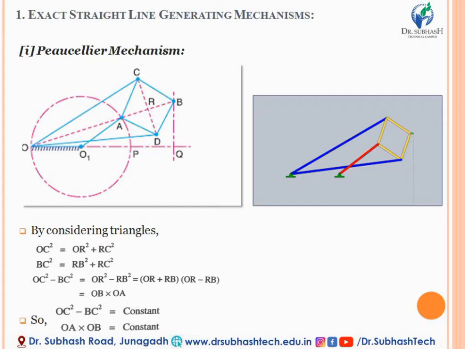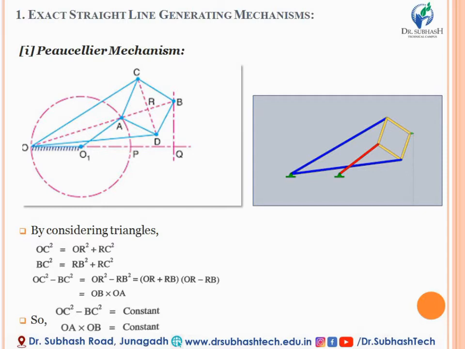The Peaucellier mechanism comes first in the exact straight line generating mechanisms category. You can see the configuration of the Peaucellier mechanism in the diagram. As you look at the screen, you will easily understand the basic mechanism and assembly of the linkage.